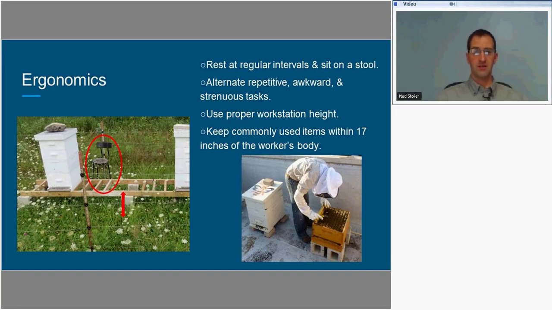You notice right behind him there's another beehive. He could lift that hive body and set it onto the beehive behind him and do his inspection from a much more comfortable position if he wasn't going to use a stool. And so a lot of ergonomics is a way of thinking as much as assistive technology or equipment per se.